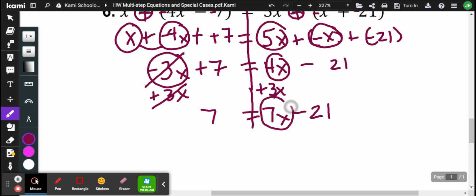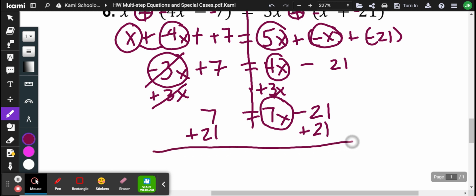Now the variable is all by itself on one side. So the variable is consolidated to one side. So now let's isolate it, adding 21 to both sides. And that is going to give us 7x equals 28.